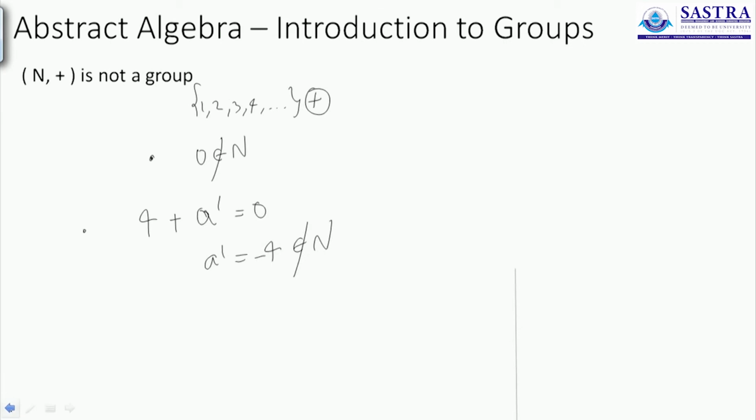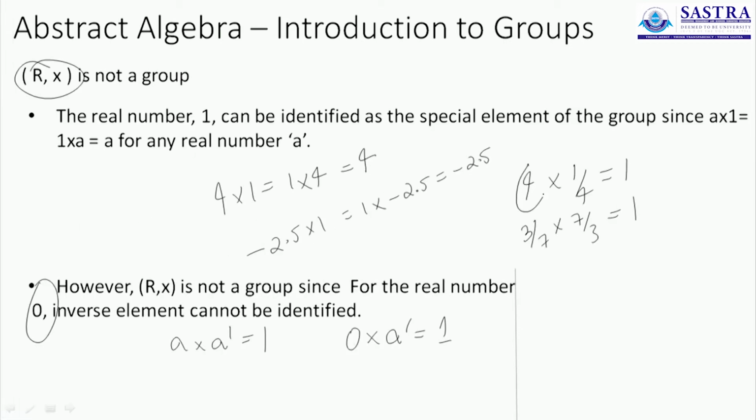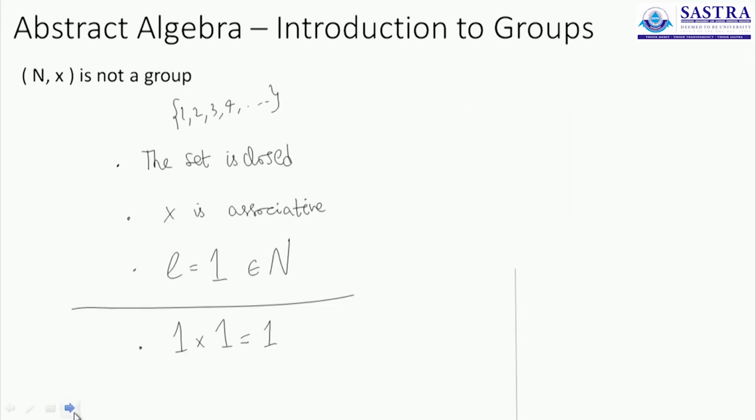Even in the previous example we had 4 having its inverse in 1 by 4, which was still part of the set, but here if you pick 3, its multiplicative inverse has got to be 1 by 3, which should give us 1 back, but 1 by 3 is not part of the set of all natural numbers, simply because 1 by 3 is not an integer.